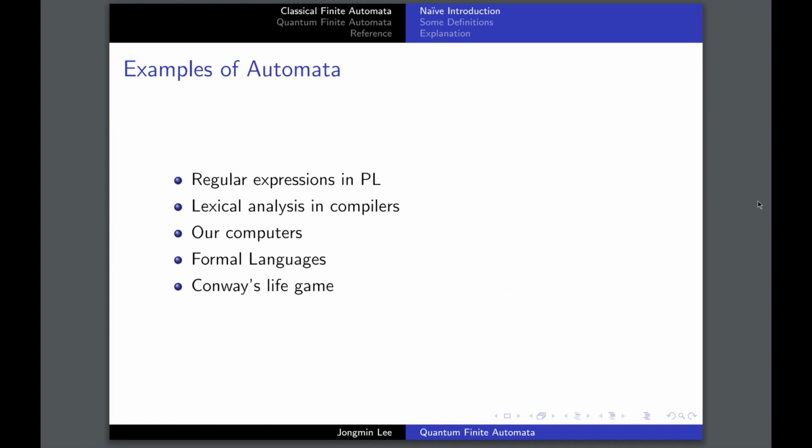Maybe everyone heard about Conway's Game of Life. This is a cellular automata example. So automata is widely used in computer science, linguistics and mathematics.